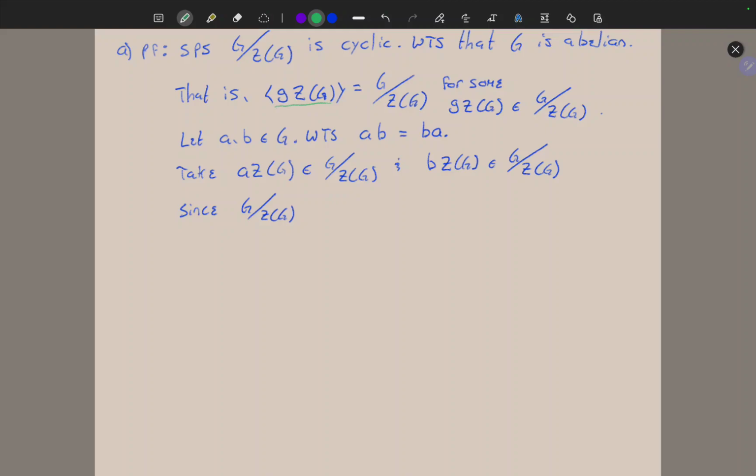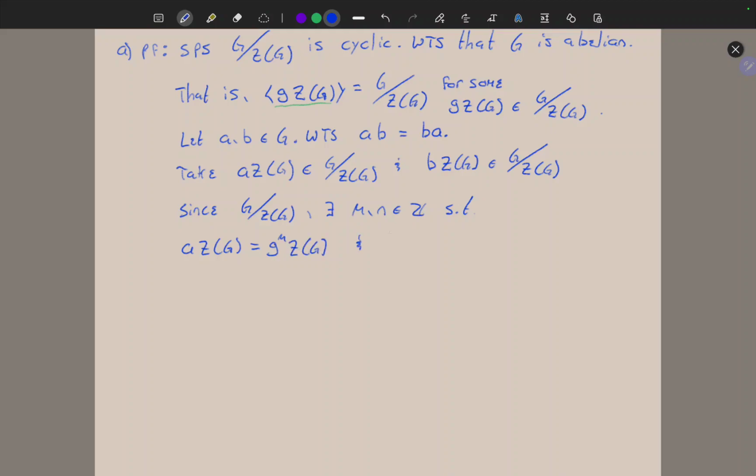So let's write that out. Since it's cyclic, there exist two integers such that this element we took can be written as an integral power of the element that's generating the entire group. So this element can be written like this.